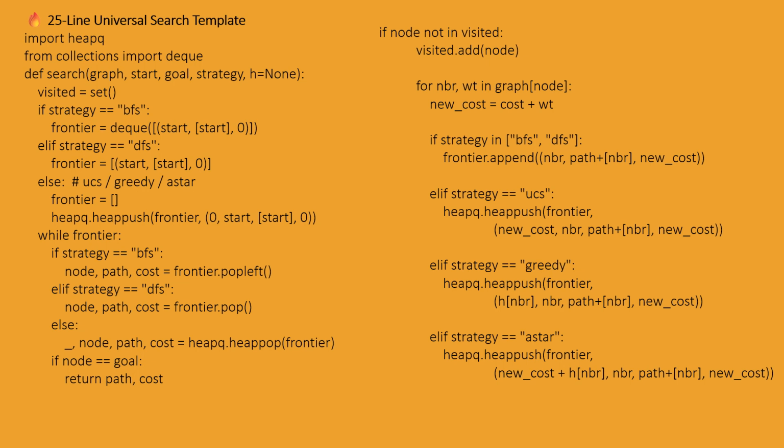This template includes all of BFS, DFS, UCS, greedy, A star, and all. You read this. This is simple and explains everything step by step. If you have any doubt, you can ask me in the comment section. So let's move forward.